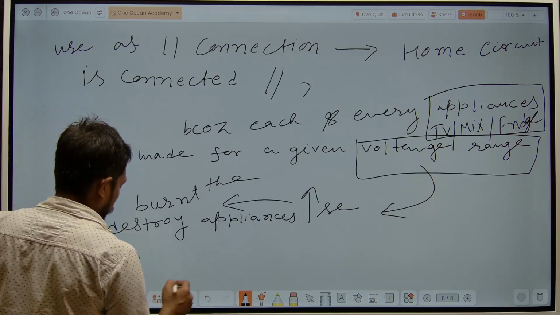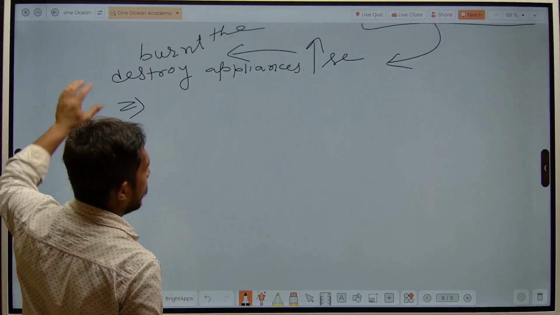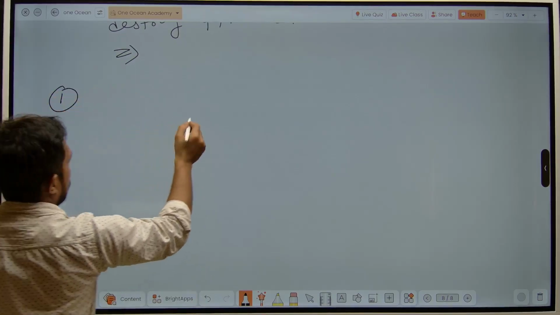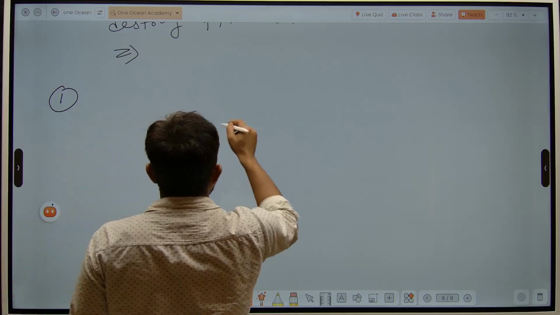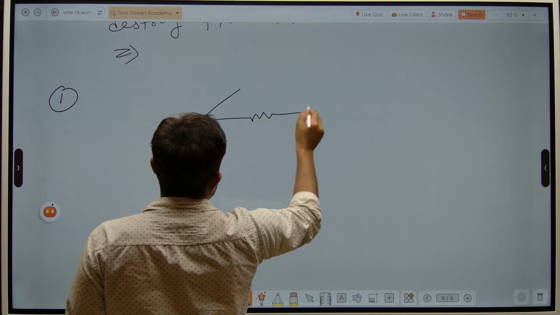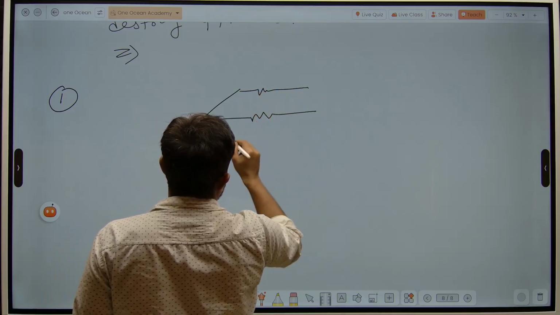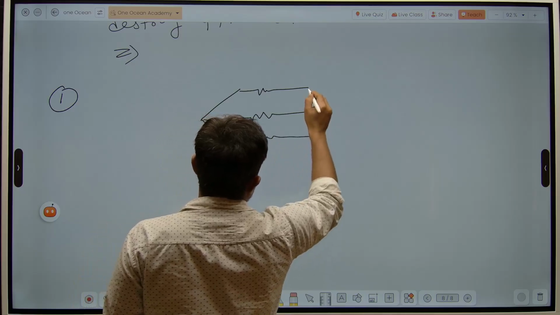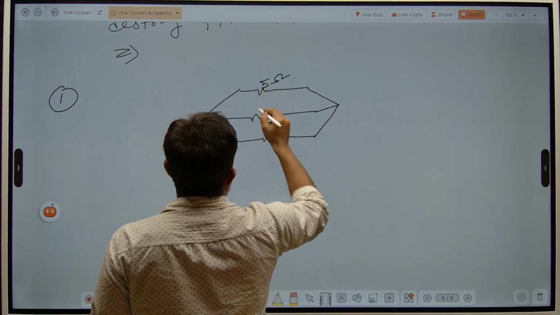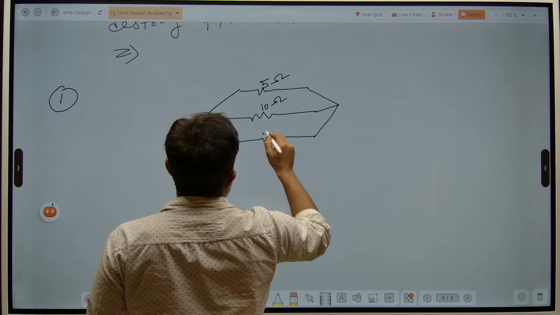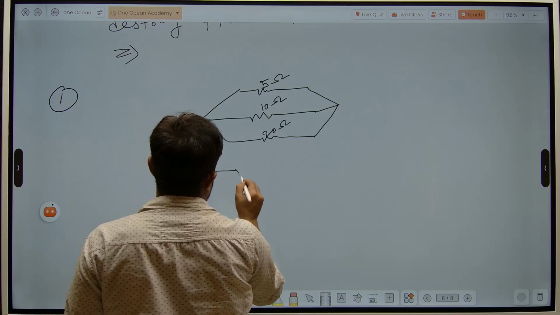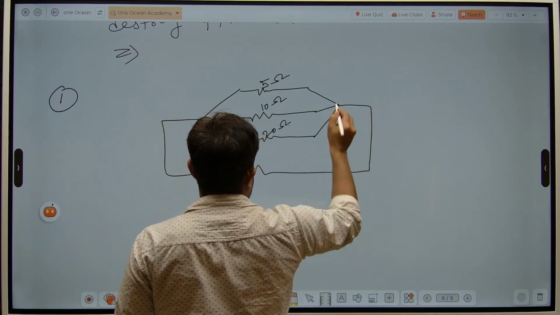Now, let us see a given question of class 10. Here, 5 ohm, 10 ohm, 20 ohm, and this is connected with another resistor of 40 ohm.